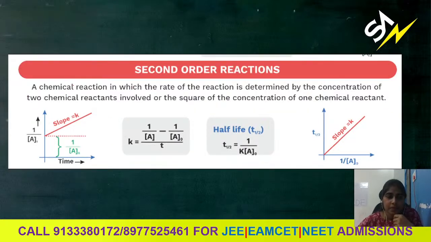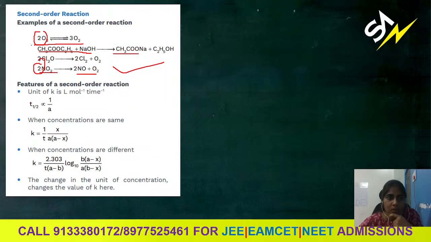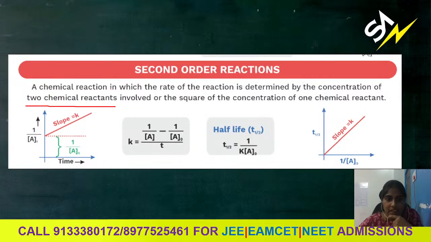Let's see a second order reaction. It is a chemical reaction in which the rate of the reaction is determined by the concentration of two chemical reactants, as discussed above, or by the square of the concentration of one chemical reactant.